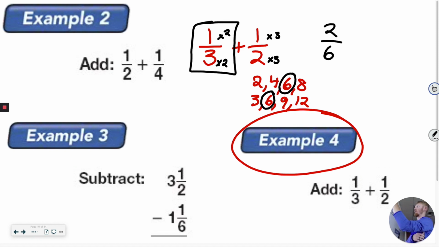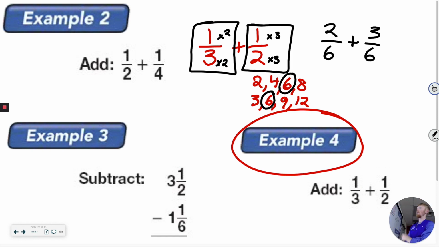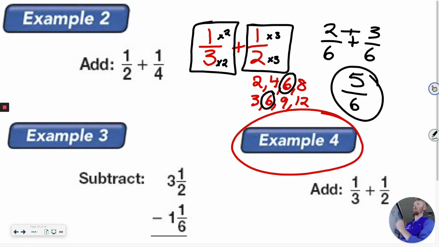And then I have plus 3 over 6, because that's what this turns into. Now I can add my fractions by adding across. 2 plus 3 gives me 5. So 5 over 6 would be the solution to that problem.